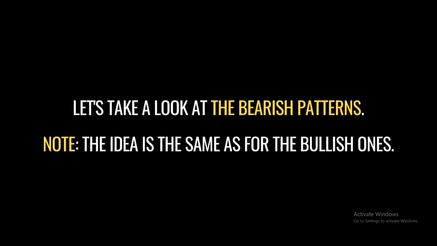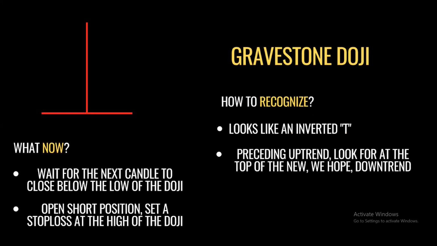But the idea behind them is: number one, the gravestone doji, or just a bearish doji, the same as the dragonfly doji, but over here it looks like an inverted T. And now the preceding uptrend, look for it at the top of the new, we hope, downtrend. It's exactly the same.